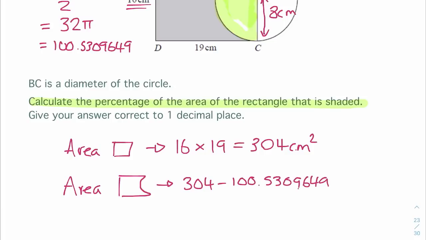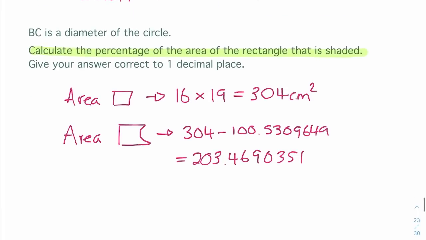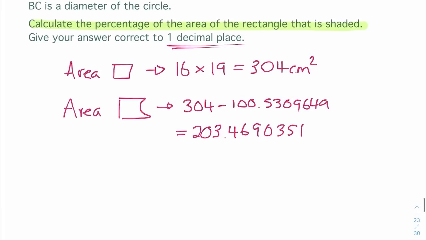I've left that number on my calculator though, because I knew I was just about to use that. So I'm just going to do 304 minus the answer on my calculator, and that gives me an area of 203.4690351. You could probably get away with not writing so many here. It does only want our answer to 1 decimal place, so we could probably get away with doing 3 or 4 decimal places, but it wasn't too much effort just to write down the last few.